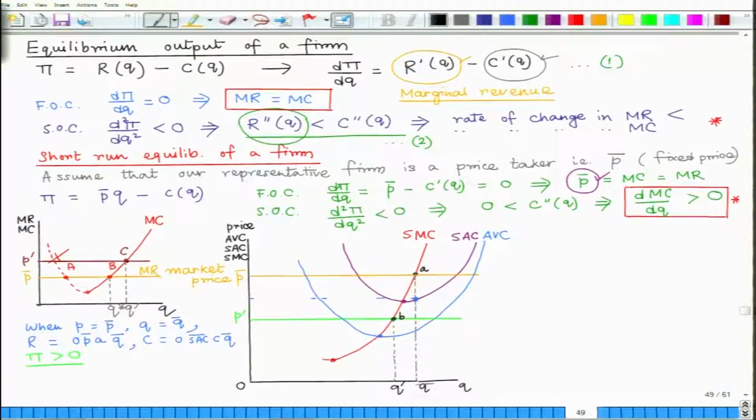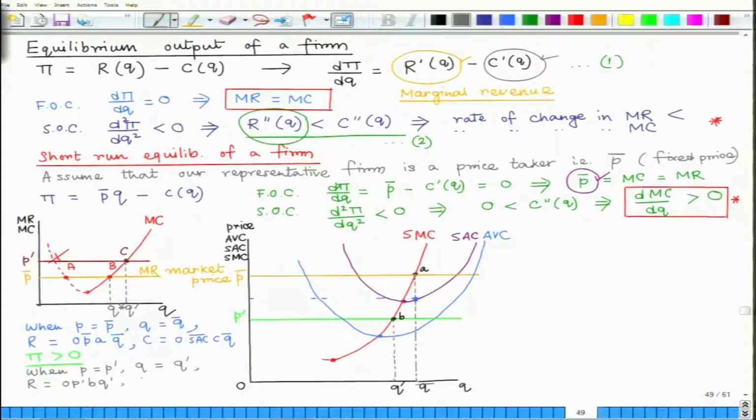So now if I want to find out the profit, so when P equals P dash, then Q is equal to Q dash as per my first order and second order conditions. But let us now look at the revenue. So the revenue in this case will be O P prime B and Q prime.